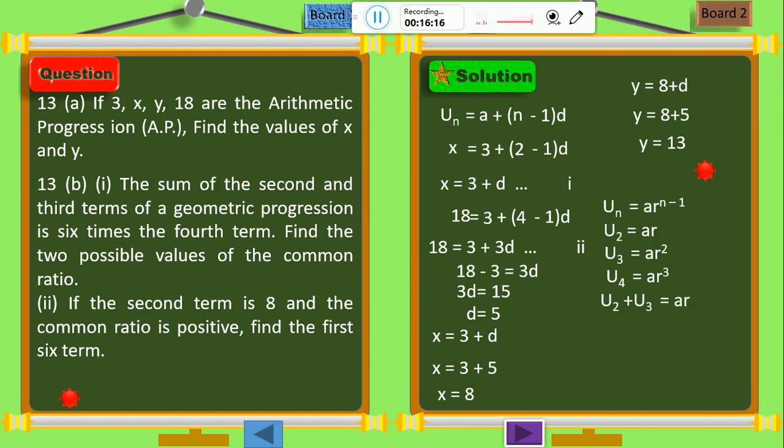So now U2 plus U3 will give us that. But remember, U4 is equal to U2 plus U3. So you now equate. Cancelling out ar, that is common to all the three terms, we have 1 plus r is equal to 6r squared. That gives us a quadratic equation.